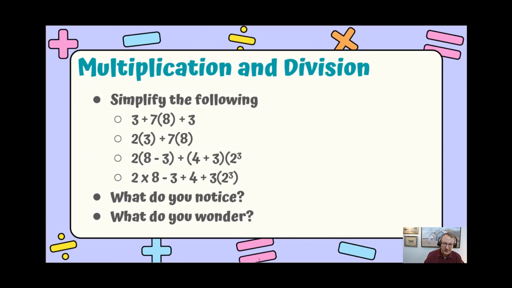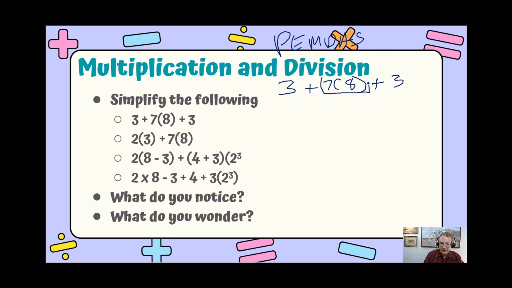So we're doing PEMDAS. I want to keep writing it down because repetition is the key to learning. The first one, we have 3 plus 7 times 8 added to 3. Nothing to do inside the parentheses. There are no exponents, but there is a multiplication.